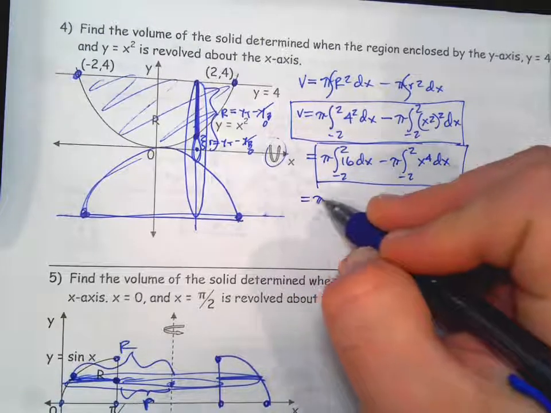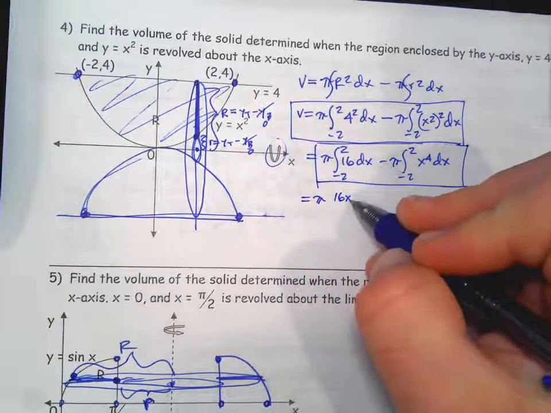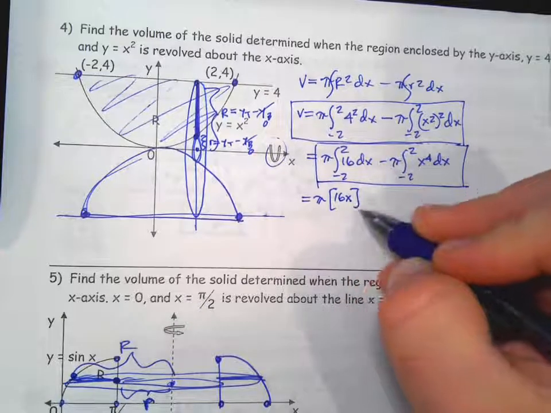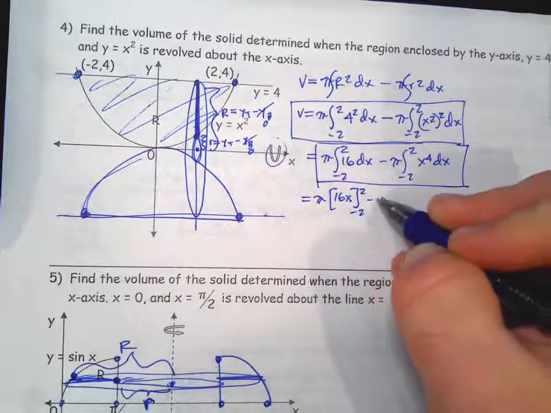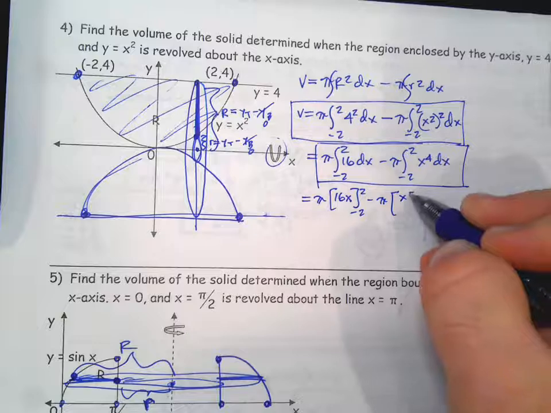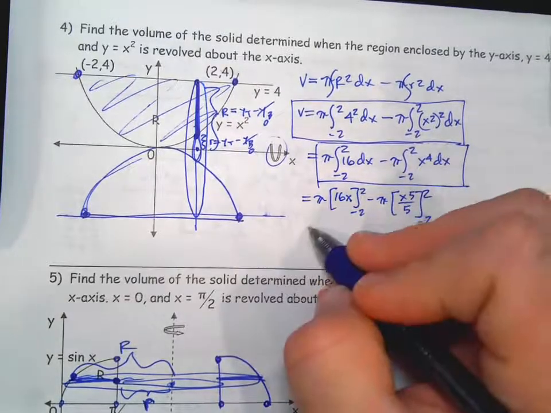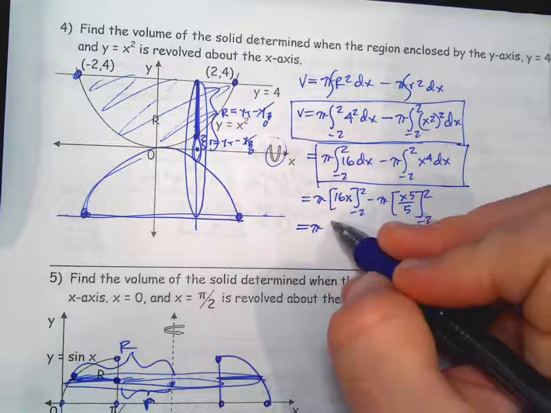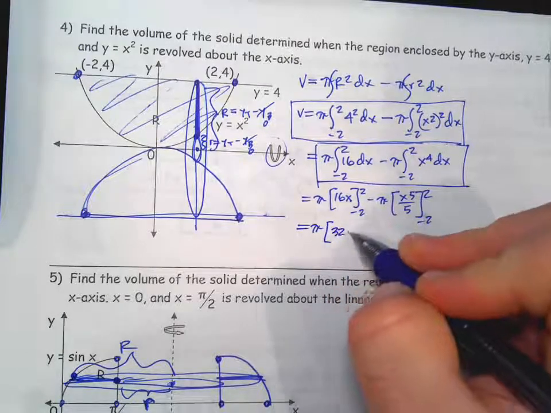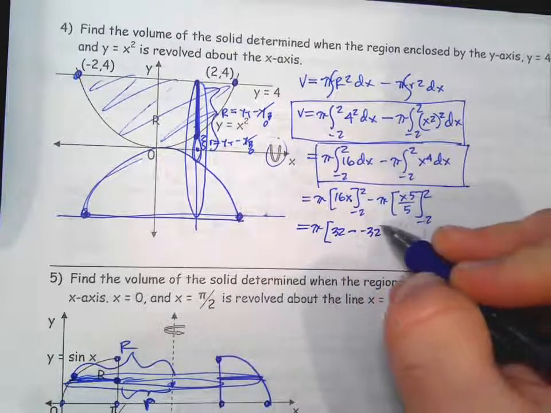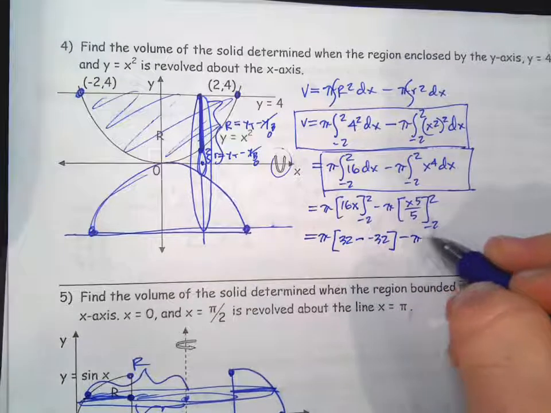Now, by hand, it's going to be 16x minus x to the 5th over 5. So that's going to be 32 minus -32, minus pi.